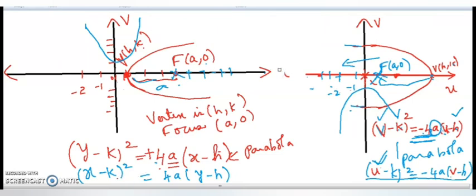You can make this change, students. Let us consider this as the x axis and this as the y axis, in the z plane, where z is equal to x plus iy. So we can write in x and y. The image will be like this.